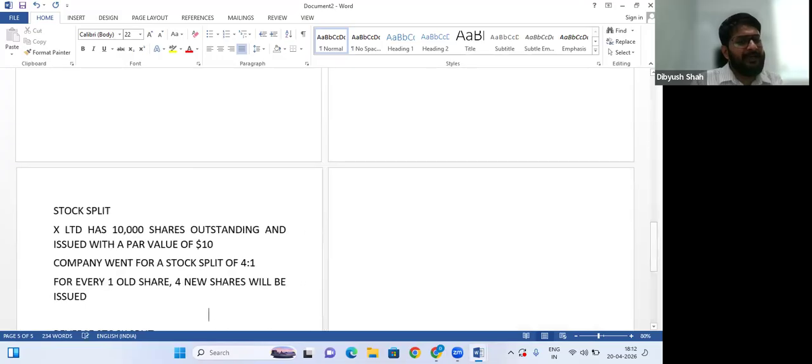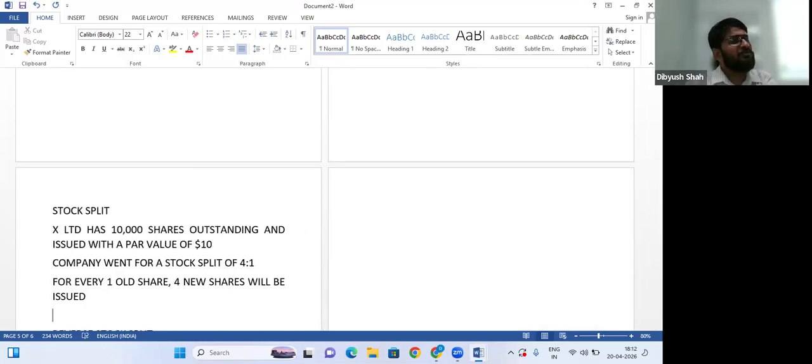Now, what will happen as a result of this? In C, this is just a book entry. This does not have any effect on the actual books of the company. So 10,000 shares will become 40,000 shares. Because 10,000 shares shareholders will give, we will give them 40,000 shares. And because total par value cannot change.